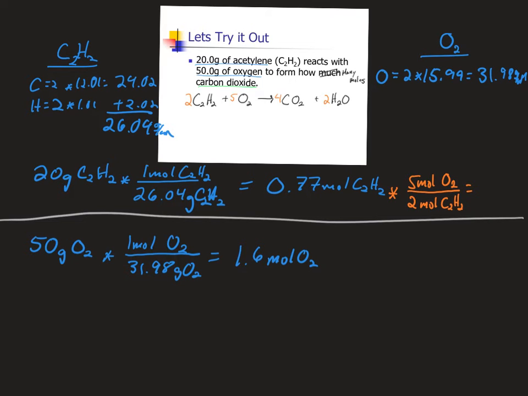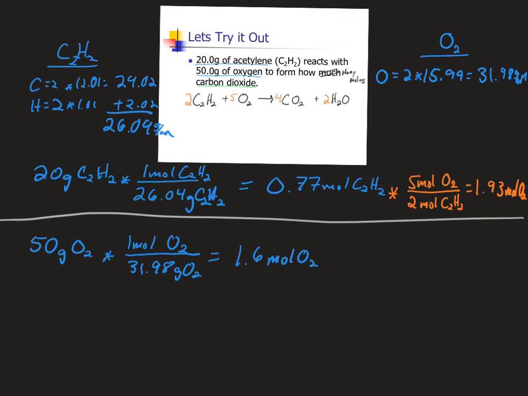And I'm going to see something very interesting here, in that I actually am going to have 1.93 moles of oxygen. So now here it shows that if I react 20 grams of acetylene, I need 1.93 moles of oxygen.